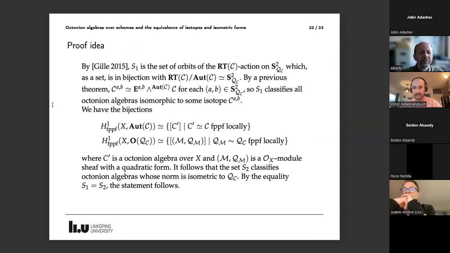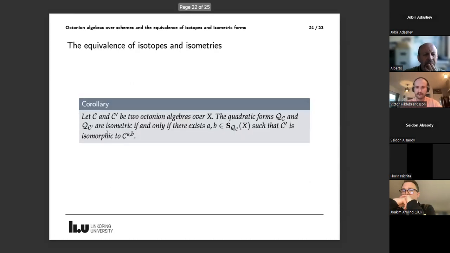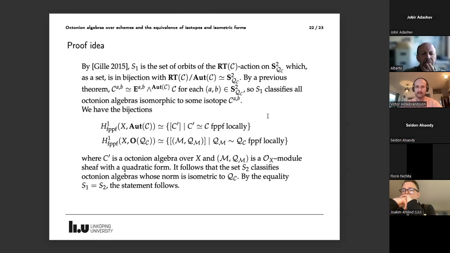So again, by the same result of Gille, this S1 that we have here is exactly the set of orbits of the RTC action on our pair of Octonion spheres.